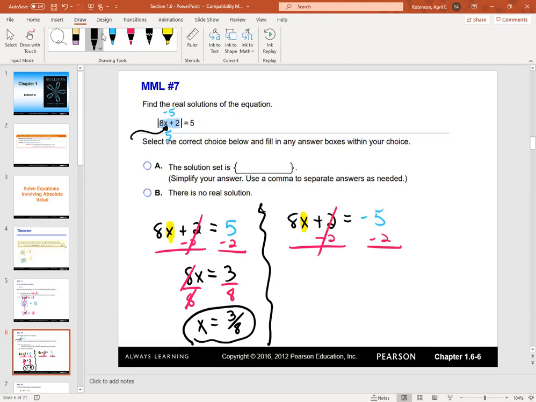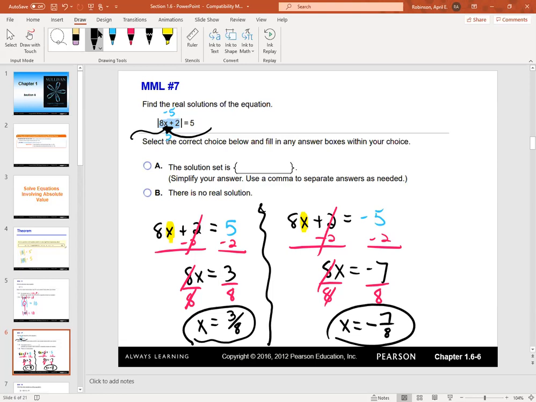That cancels. Negative 5 minus 2 is negative 7. Then divide by the 8, so that cancels, and I get x is equal to negative 7/8. If you plug negative 7/8 in here, 8 times negative 7/8, the 8's cancel, I get negative 7 plus 2 is negative 5, but the absolute value of negative 5 is also 5. So they both check. So I'll choose choice A.